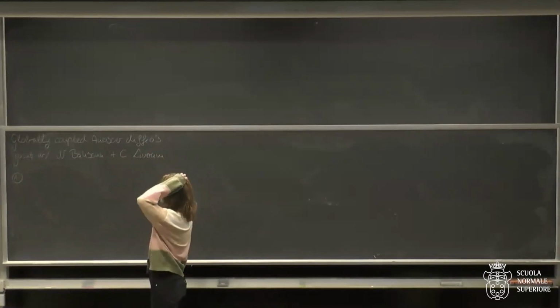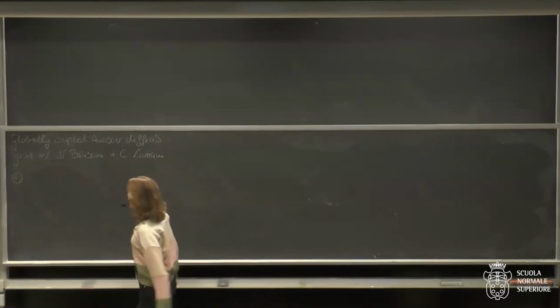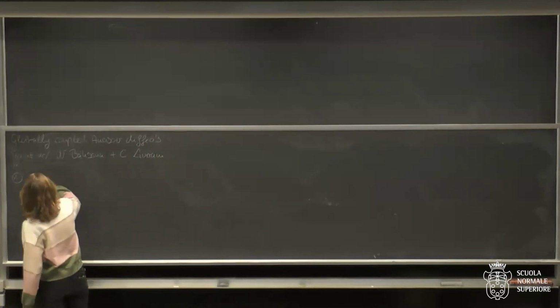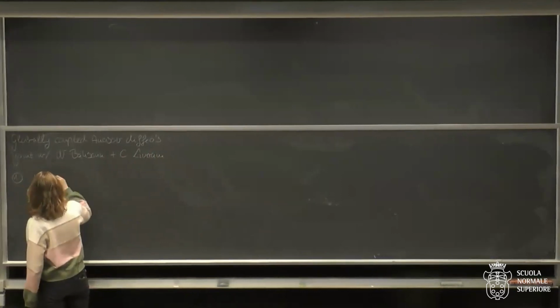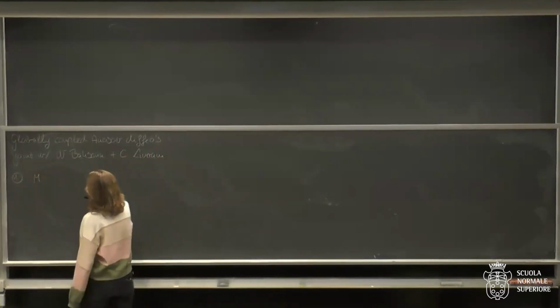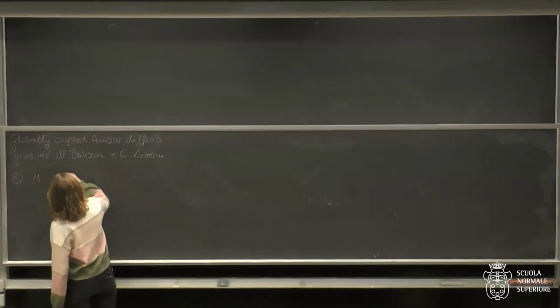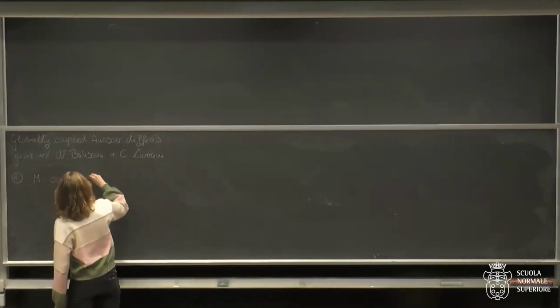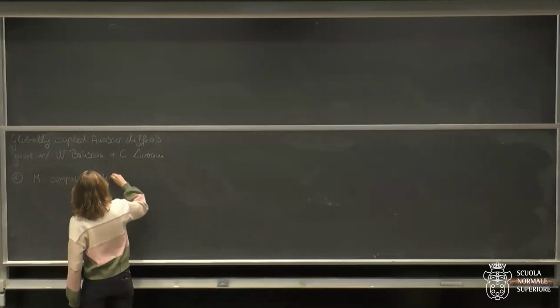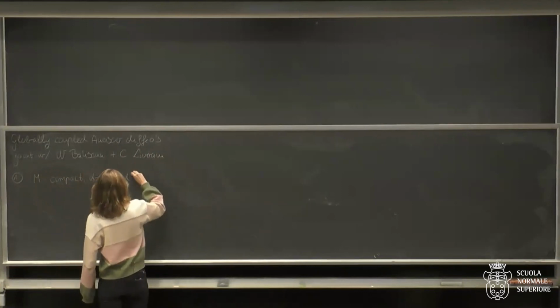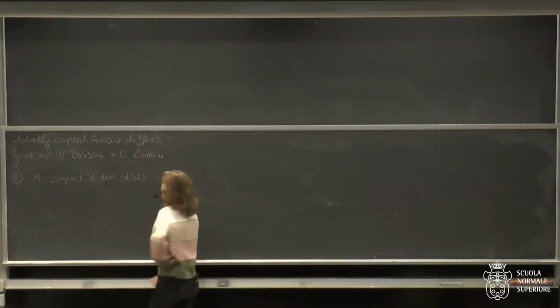So first of all, what is an Anosov diffeomorphism? We have a manifold, which is compact and D-dimensional, where we assume D to be larger than or equal to 2.